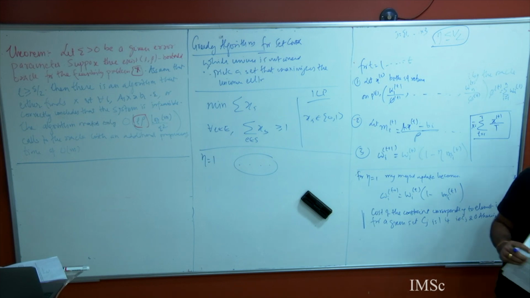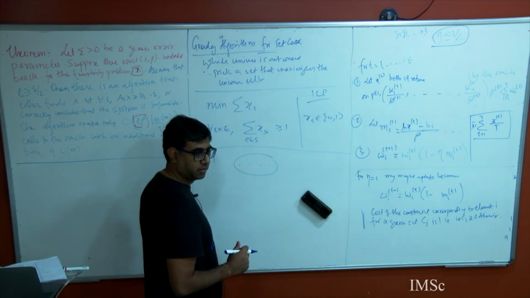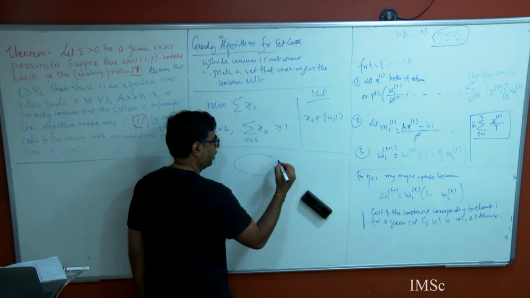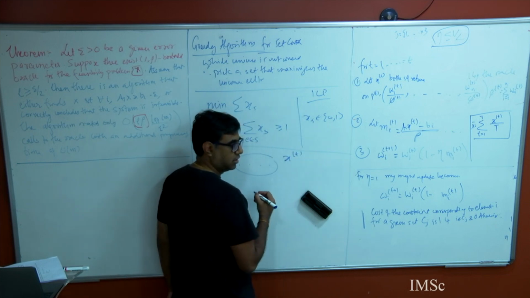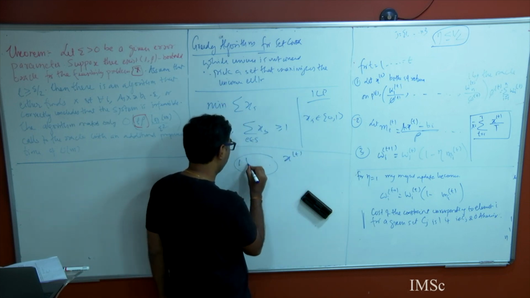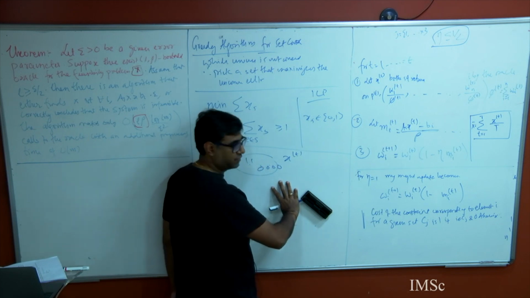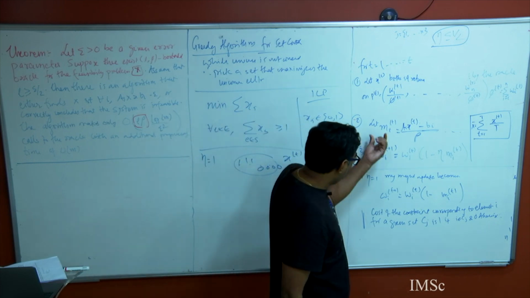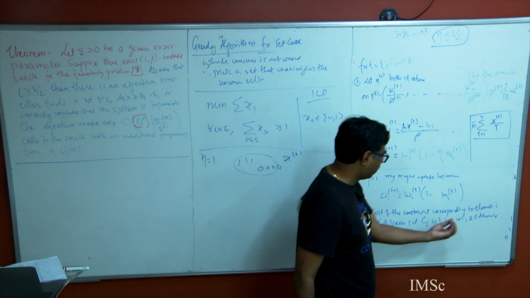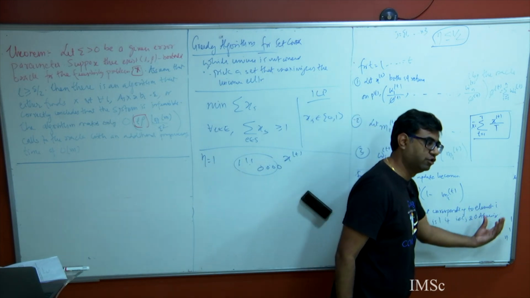So if I have already selected some sets, and I'm trying to solve this ILP in this method, what is my partial solution? Like what is my solution at some step x_t? For some x's I have 1 and 0 otherwise, right? So it means I have selected some sets and not selected some sets. This is what it means. So now I have defined the cost of the constraint corresponding to element i for a given set C_j.